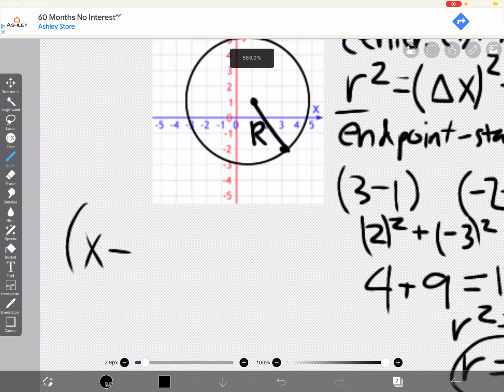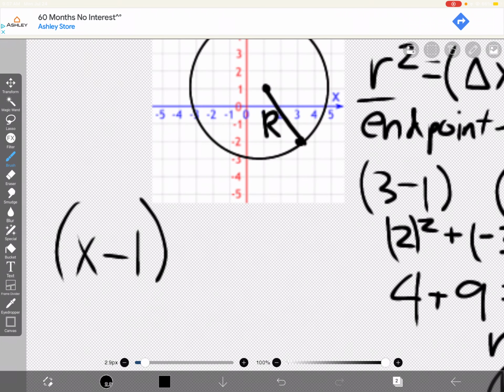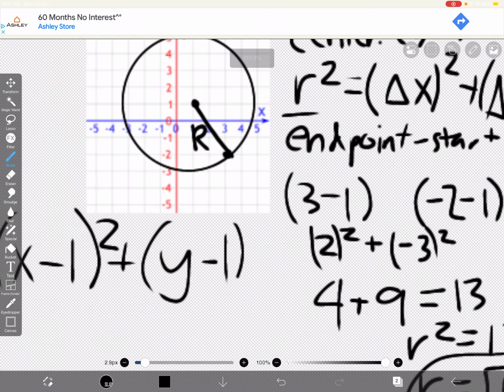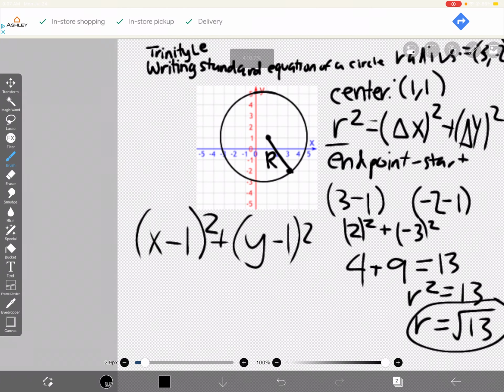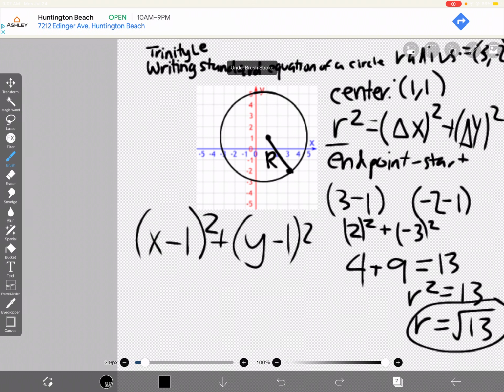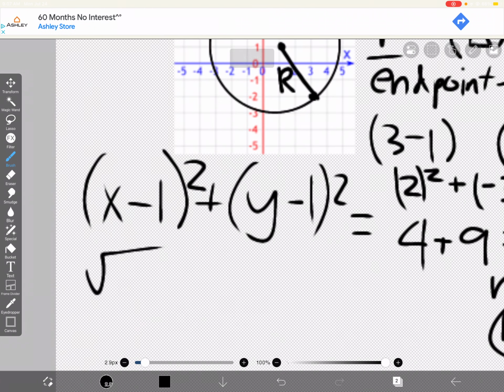So that is going to be x minus 1 squared, plus y minus 1 squared, equals radical 13. That would be our answer.